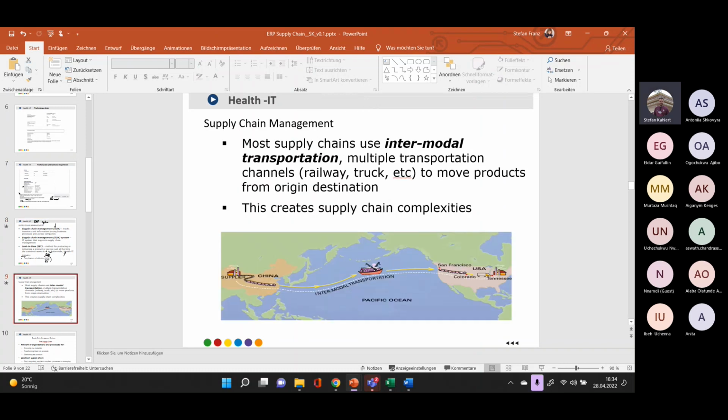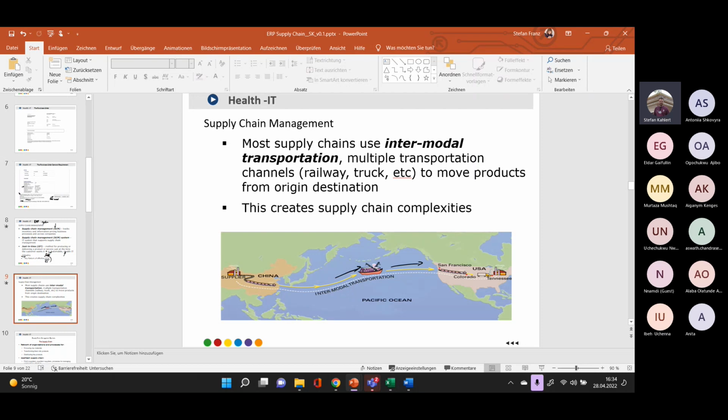So how is this going if we talk about overseas delivery? For instance, if you have delivery via ship, where we all know it sometimes takes weeks to get spare parts or certain devices or equipment.